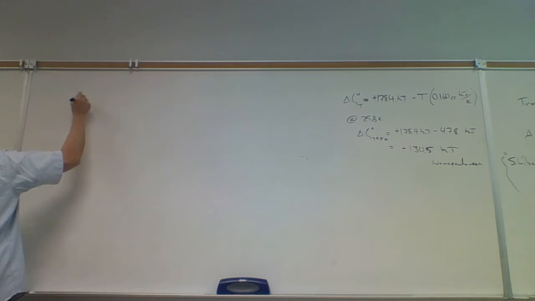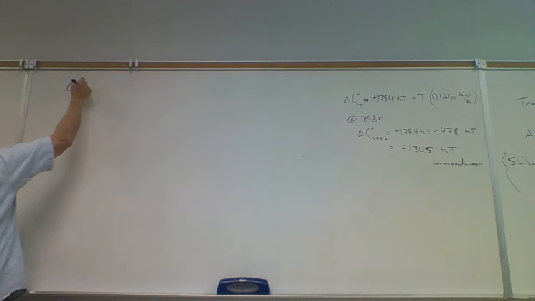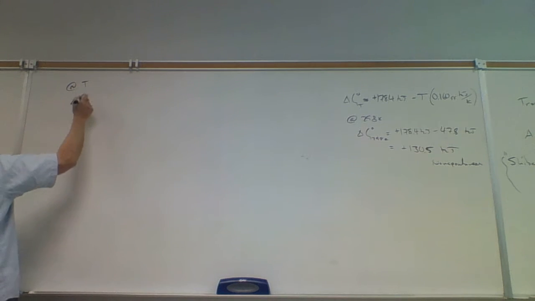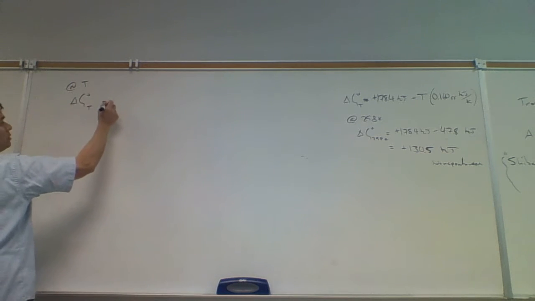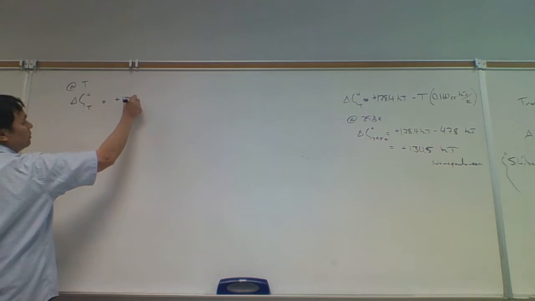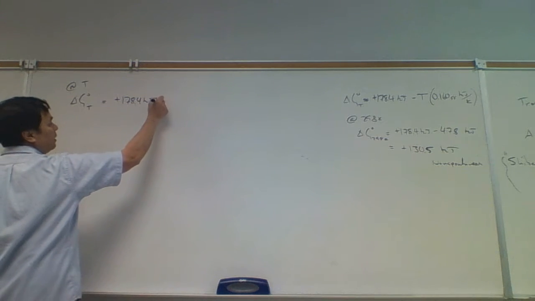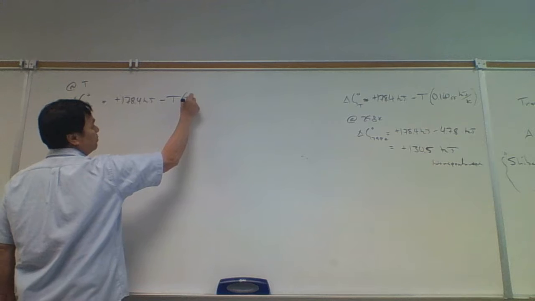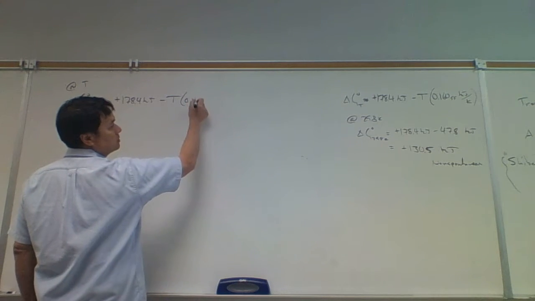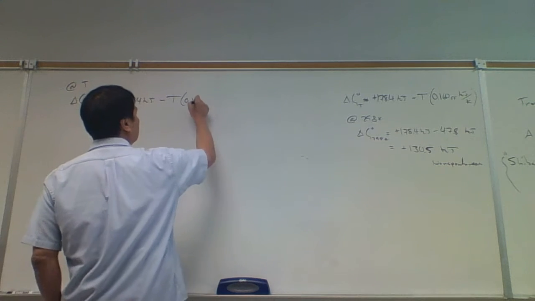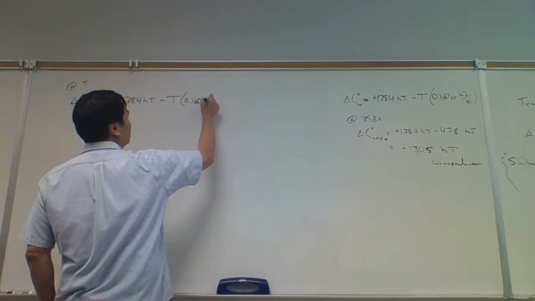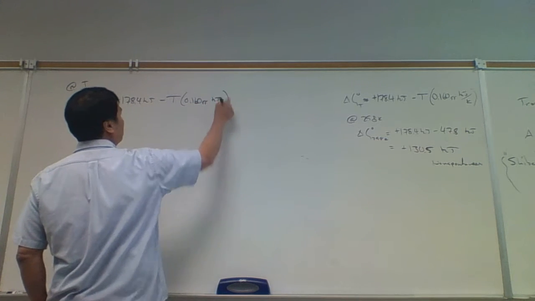And so what we'll do is try it at some temperature T. We'll do delta G naught at T, which is going to equal plus 178.4 kilojoules minus T times 0.16055 kilojoules per Kelvin.